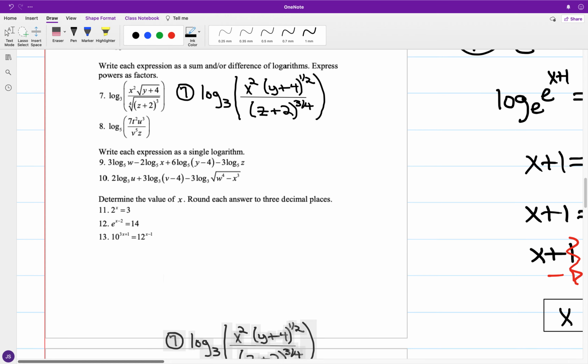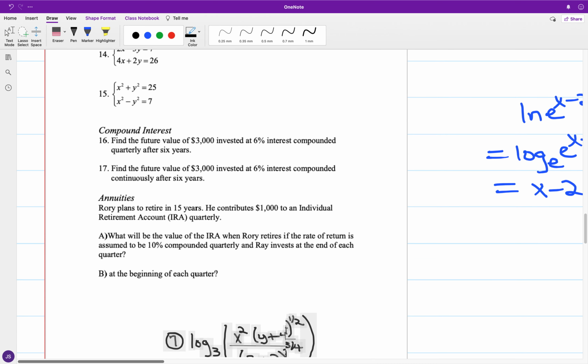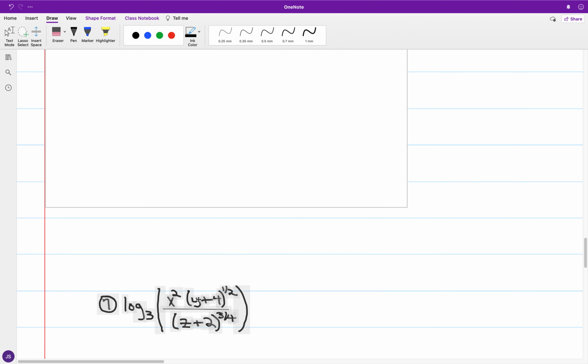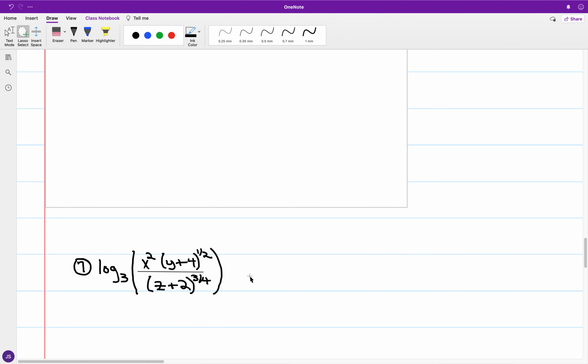Just looking at what we have in the rewrite and expanding for number 7, multiplication implies adding, whereas division implies subtracting. For the factors, we have 2 in the numerator and 1 in the denominator. So we now have the base 3 logarithm of x squared.